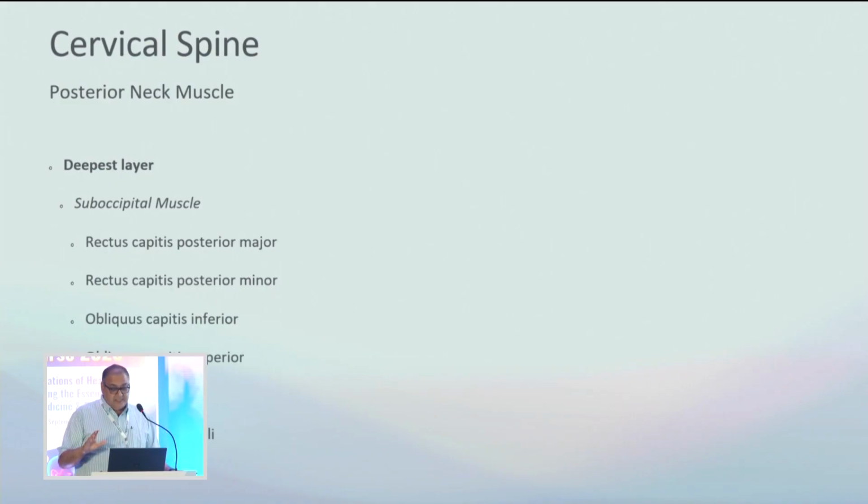Then we have the deepest layer, the suboccipital muscles. These are very small muscles, probably requiring intervention only when you have a caput problem in dystonia, when your head is tilted, not the spine.